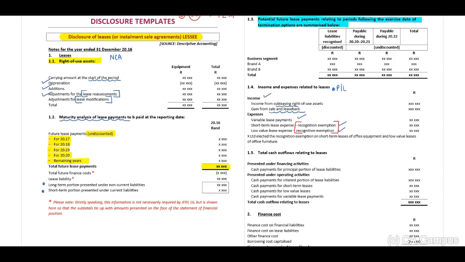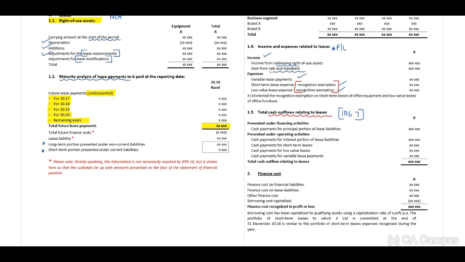Then your total cash outflows, remember this will be part of our IAS 7 lecture, and details relating to your finance costs. Remember your finance costs on your lease liabilities, financial liabilities, other finance costs, borrowing costs capitalized.